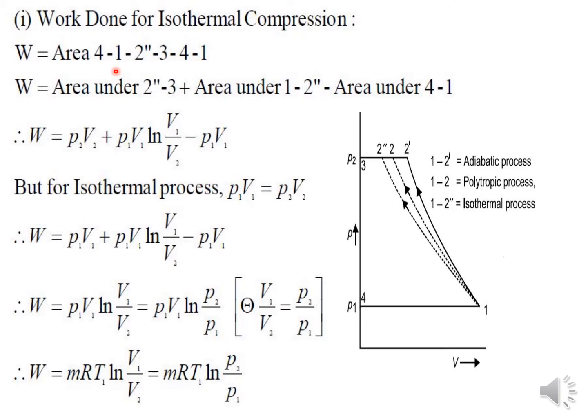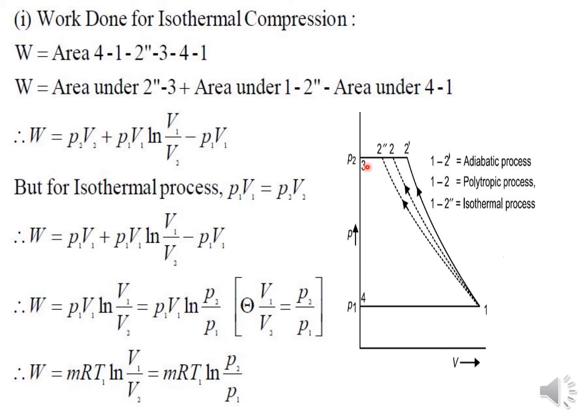The area under the curve is the work done usually. This is the PV diagram. If I want to calculate the work done for the isothermal process, which is 1 to 2 dash, that is 1, 2 dash, 3, 4, 1, how should I calculate? If I draw a straight line like this and drop it, the area in this region will be the work done by the isothermal process.